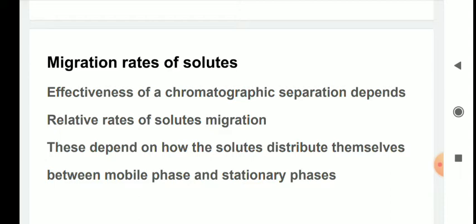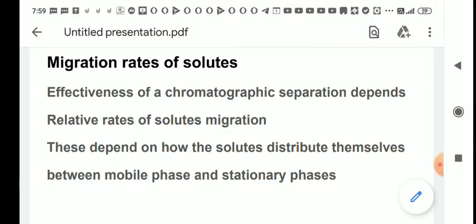If a component of a mixture has got more affinity for the stationary phase, it will come out of the column later. Whereas if a component has got less affinity for the stationary phase, it will come out first.